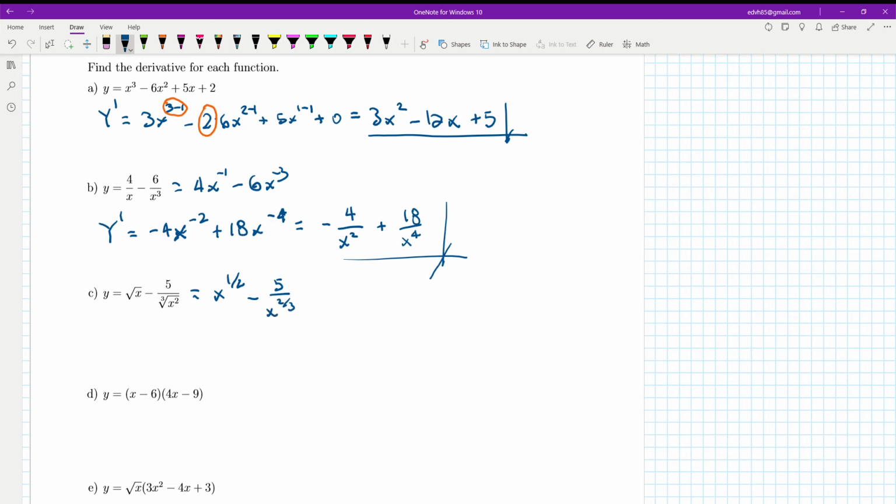And then we're going to move this x to the 2/3 to the numerator with a negative exponent, for the same reason as for letter B. Notice we weren't able to differentiate while we had these terms in the denominator. So let's move it up to the numerator.